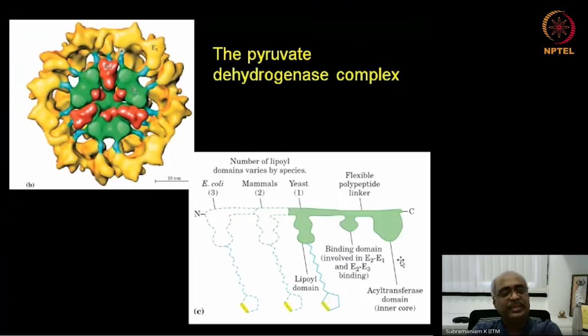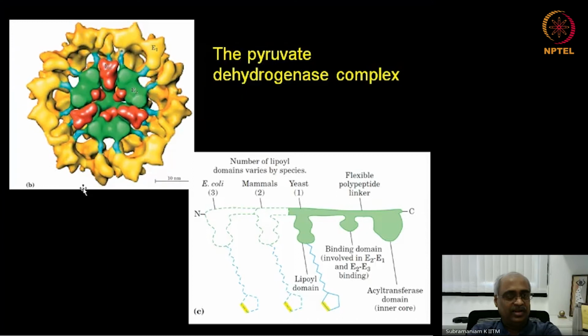So now let us look at the enzyme itself. This structure comes from several studies involving cryo-electron microscopy as well as crystal structure solving, and all put together this is a summary model. I told you this enzyme complex has 3 enzymes, and those 3 are in 3 different colors here.